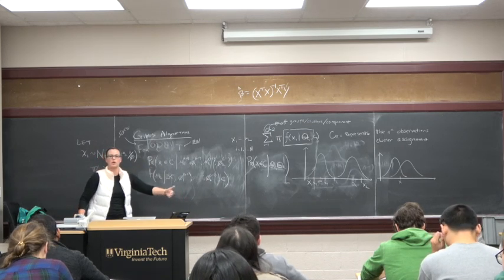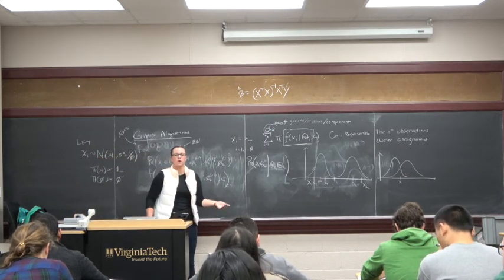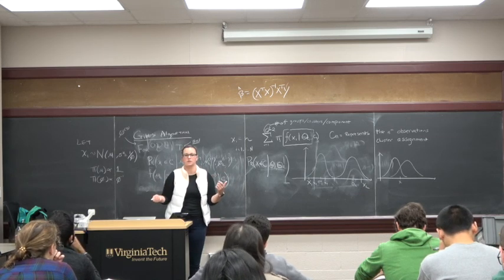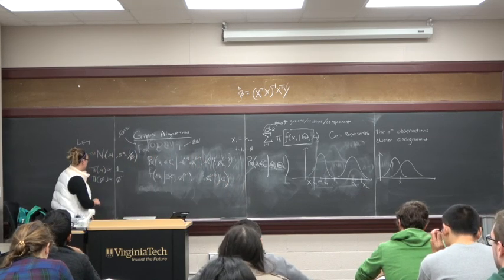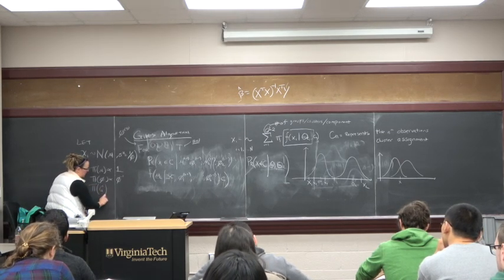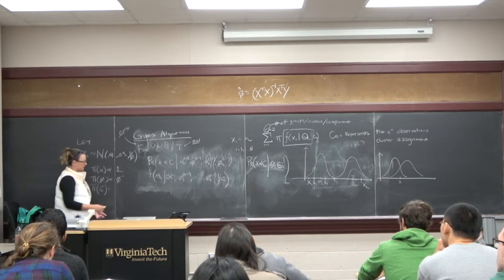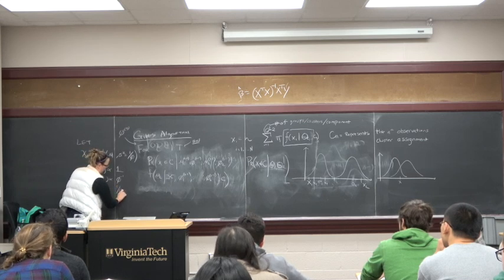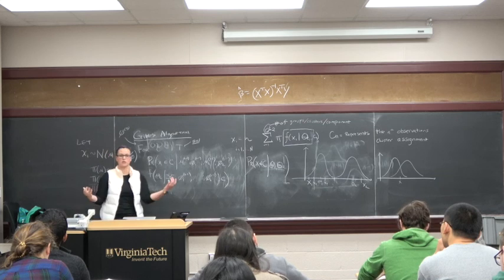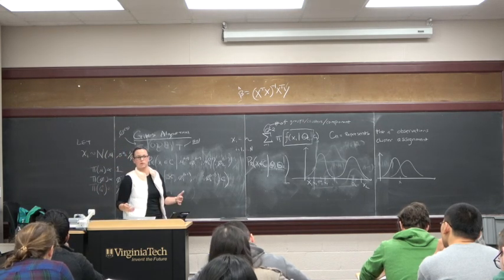So a priori, what do we believe our chance of getting into one of the two mixtures is? What I haven't told you yet is that we're also going to have a prior on C. For simplicity, we're just going to go 1 over the number of clusters. So a priori, we believe that each cluster is equally weighted. Okay?